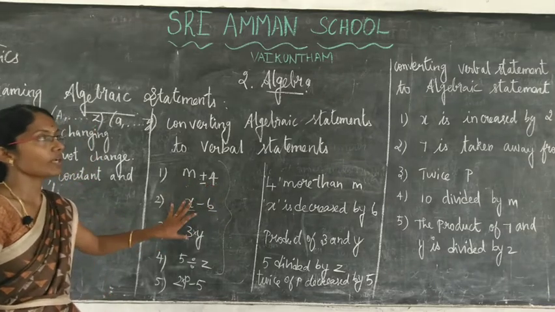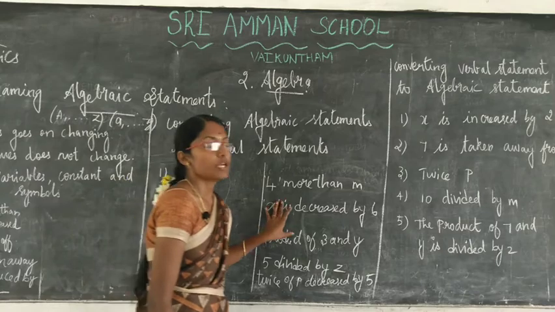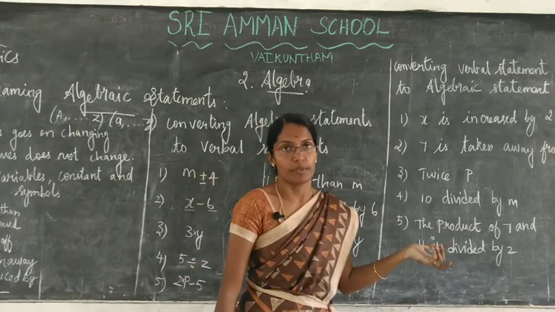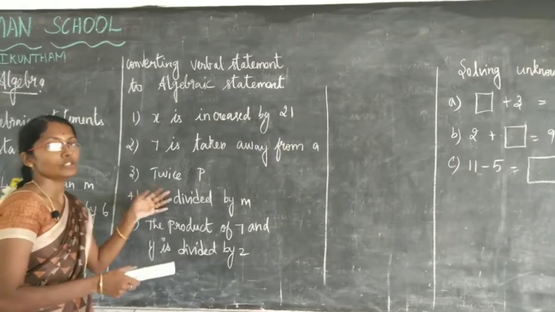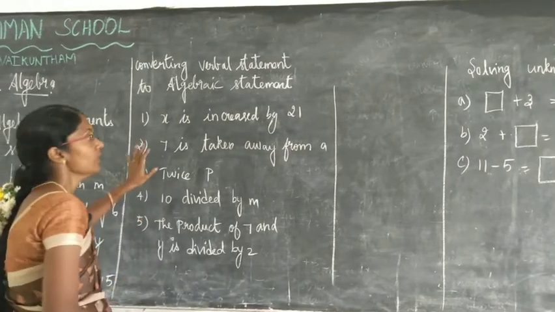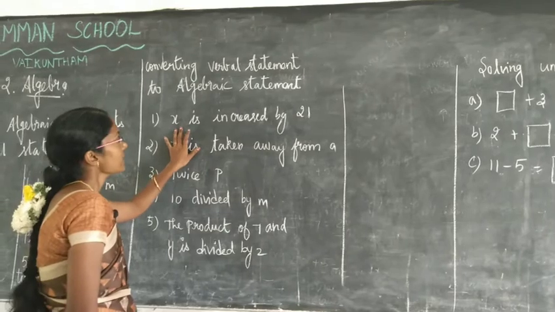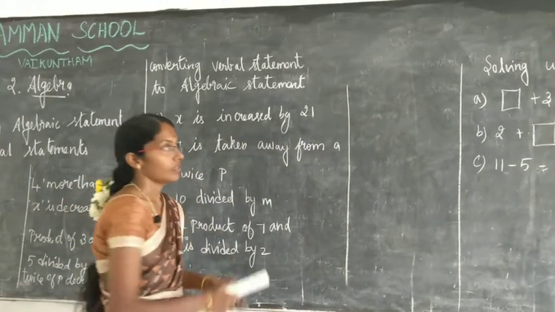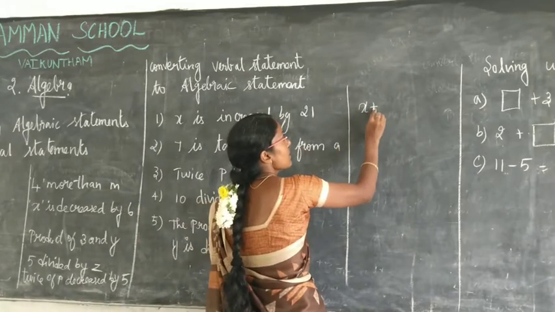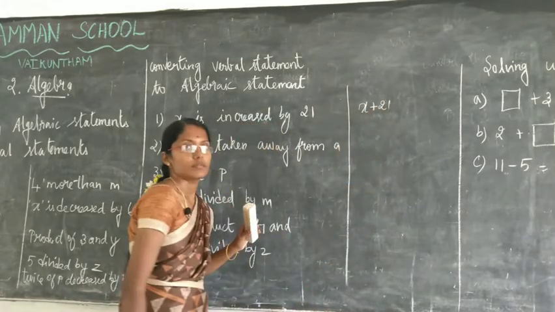Next we are going to convert verbal statements into algebraic statements. Listen carefully. x is increased by 21. How will you write? x plus 21.